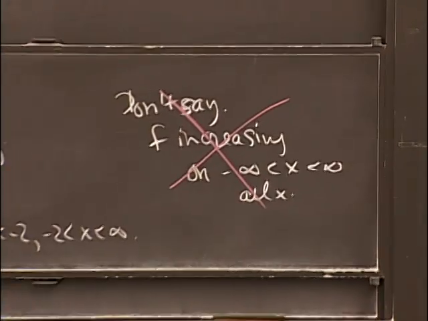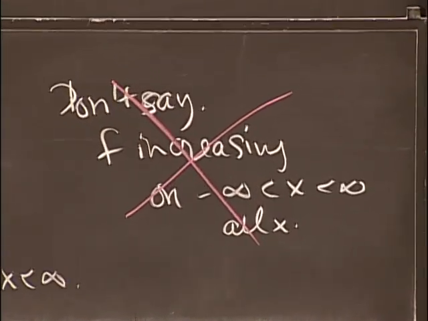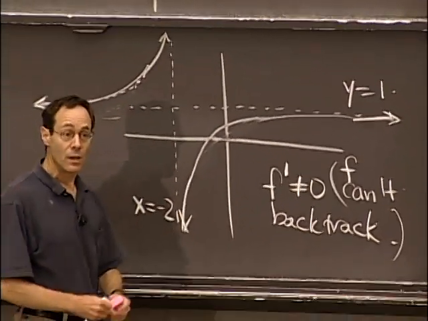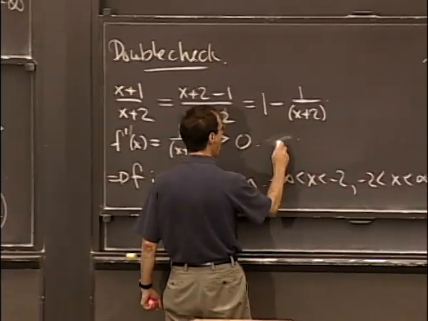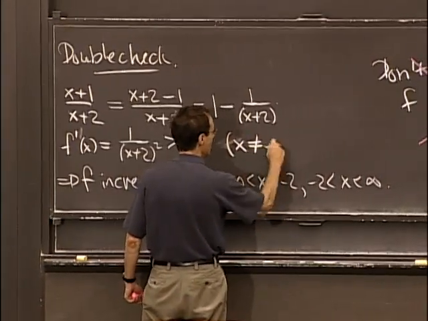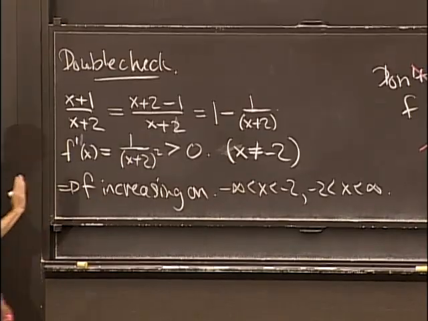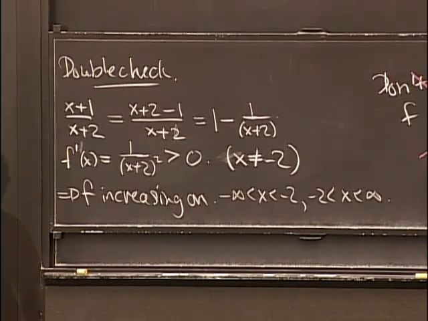Okay, and the reason is, first of all, it's totally obvious. It's going up here, but then it went zooming back down there. And here, this was true, but only if x is not negative 2. So there's a break, and you've got to pay attention to the break.